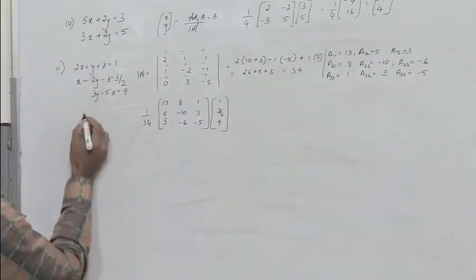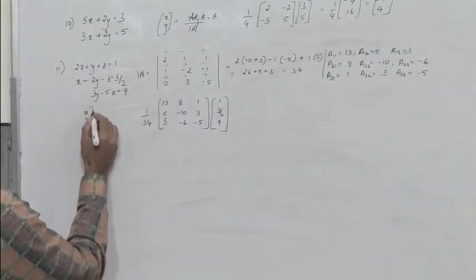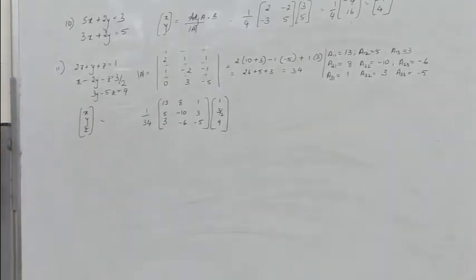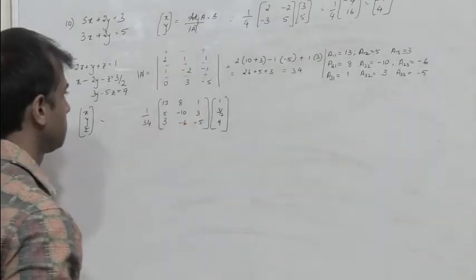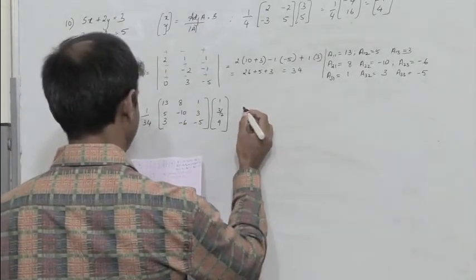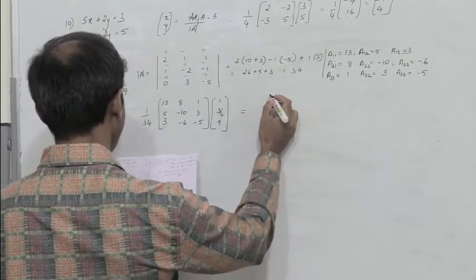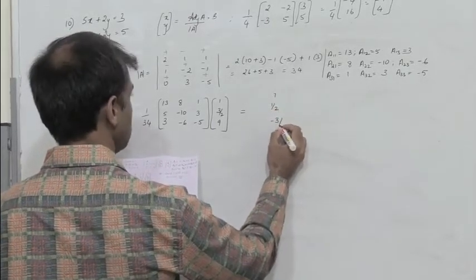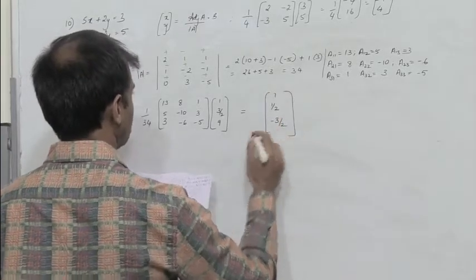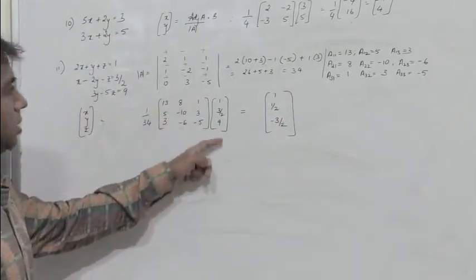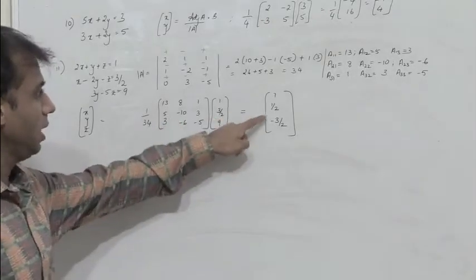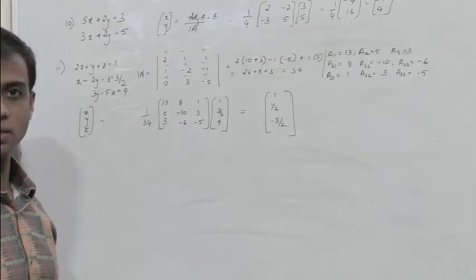So we know that x, y, z is equal to adjoint A into B divided by determinant A. So let us not rewrite the formula again and again, it is here. So we finally get, multiplying these two matrices and dividing by 34, x, y and z as 1, 1 by 2 and minus 3 by 2.